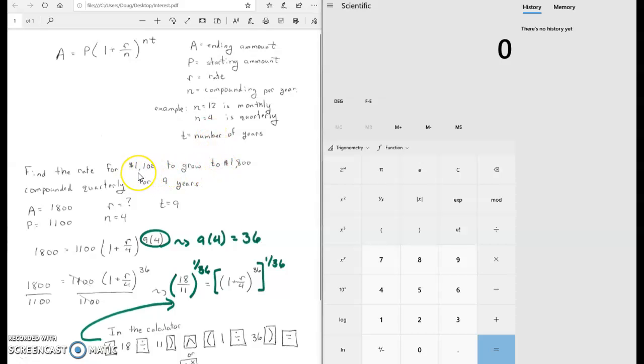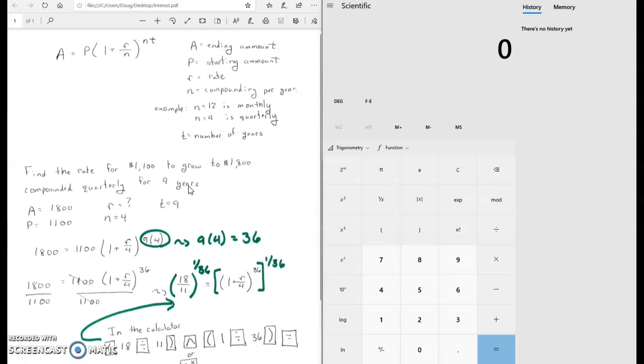So for this problem, what we're going to do is we're going to try and find the interest rate required. Okay, so we want to start with $1,100 and we want to grow that to $1,800, and that's going to be compounded quarterly for 9 years.